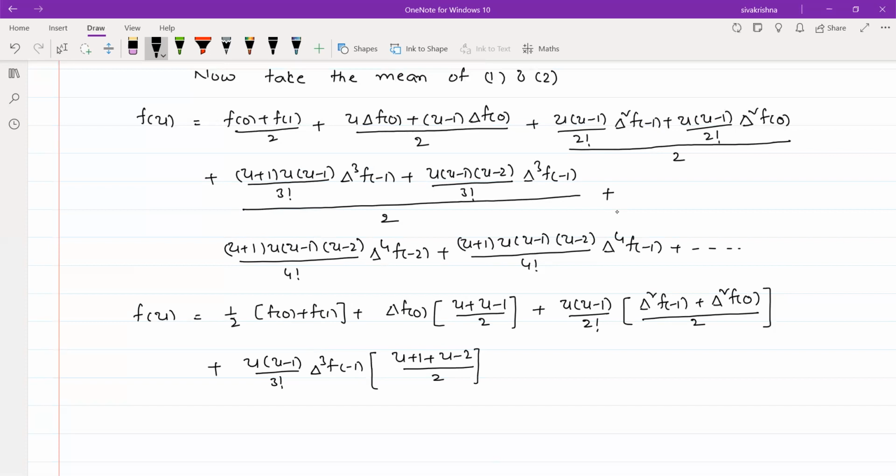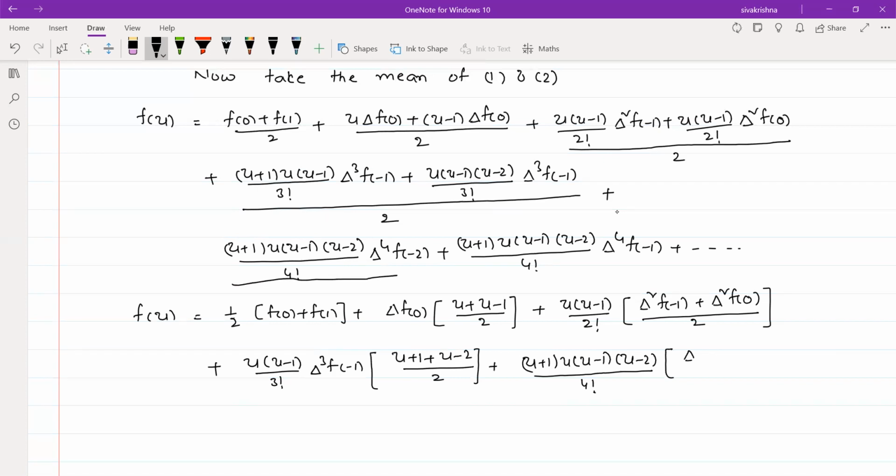Plus, coming to the last term, we have (u plus 1) into u into (u minus 1) into (u minus 2) by 4 factorial as common. If we take this particular term as common, then we get delta power 4. Once again, here also we have forgotten to write by 2.